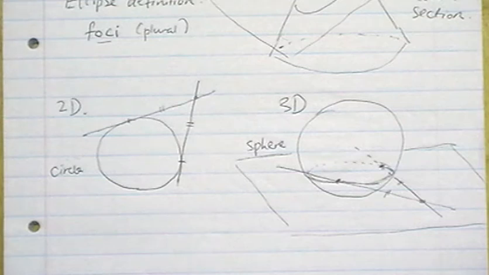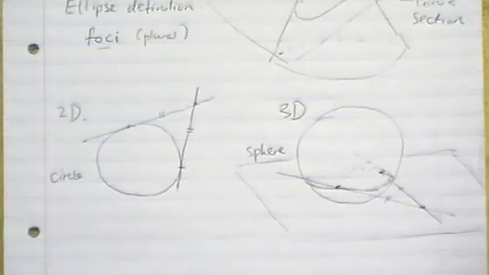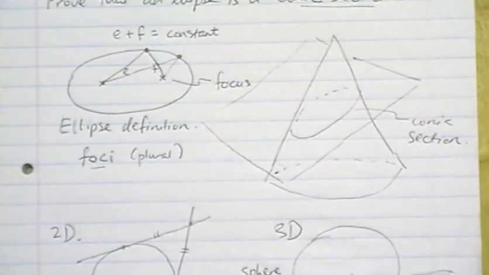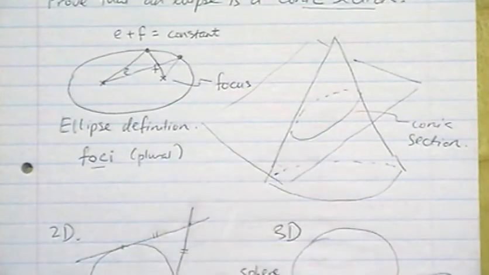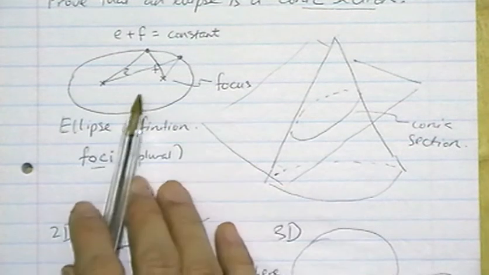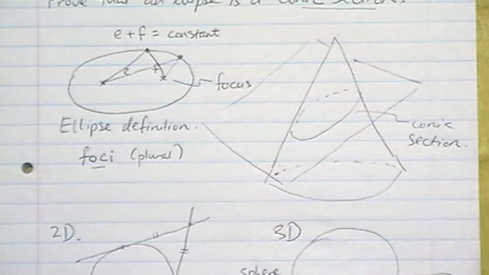Okay. Now we can carry on with the conic section to try and prove that it has this property of an ellipse.